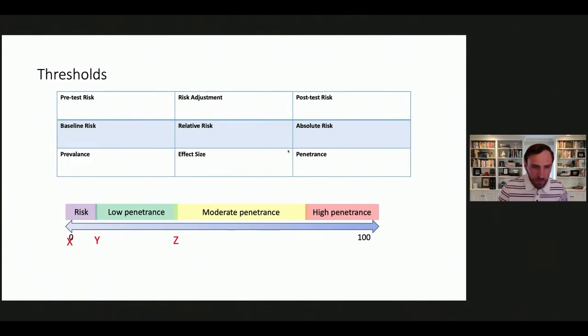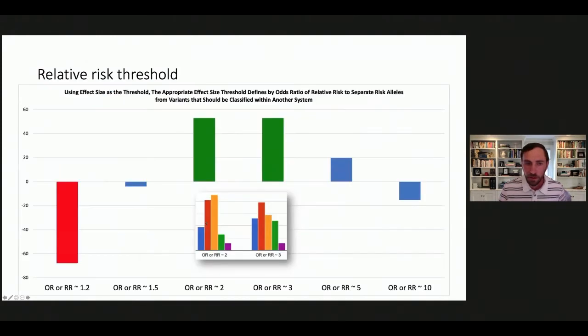And so we asked people what should be the boundaries between, one, even calling something risk, two, calling something risk versus low penetrant, and three, calling something low penetrant versus moderate penetrance. The relative risk threshold is a little bit different.